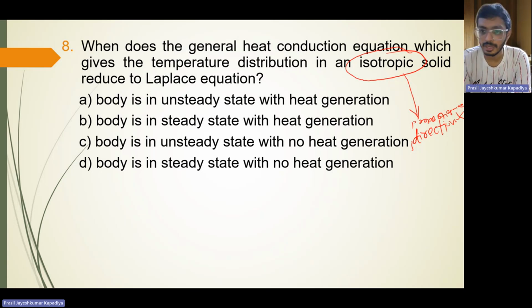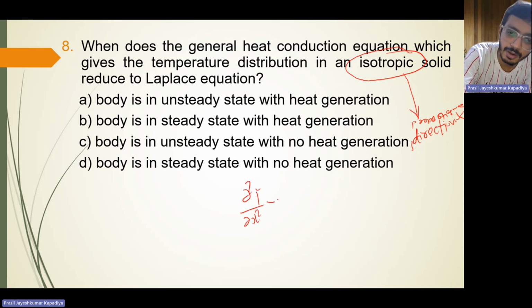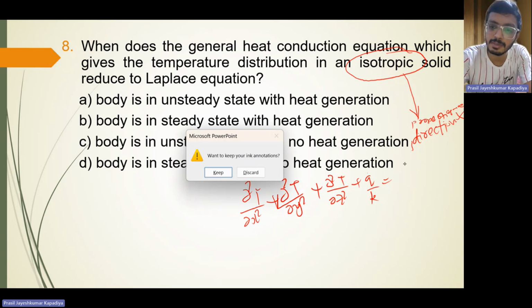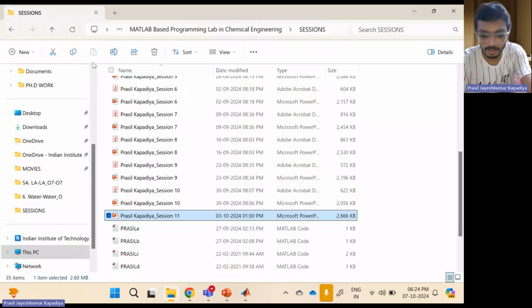But here it is told that it is an isotropic solid. So what is our heat equation? Our heat equation is ∂²T/∂x² + ∂²T/∂y² + ∂²T/∂z² + Q/k = ∂T/∂t, but I guess there is some multiplication involved. Let me just check it.